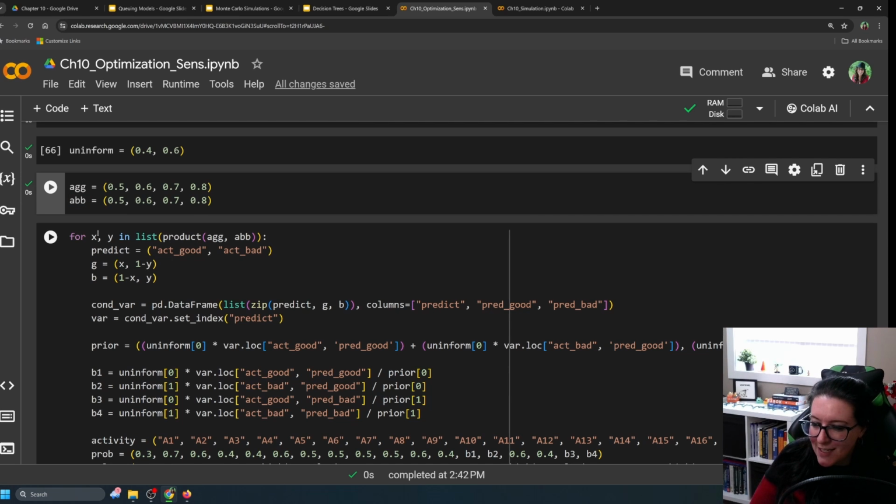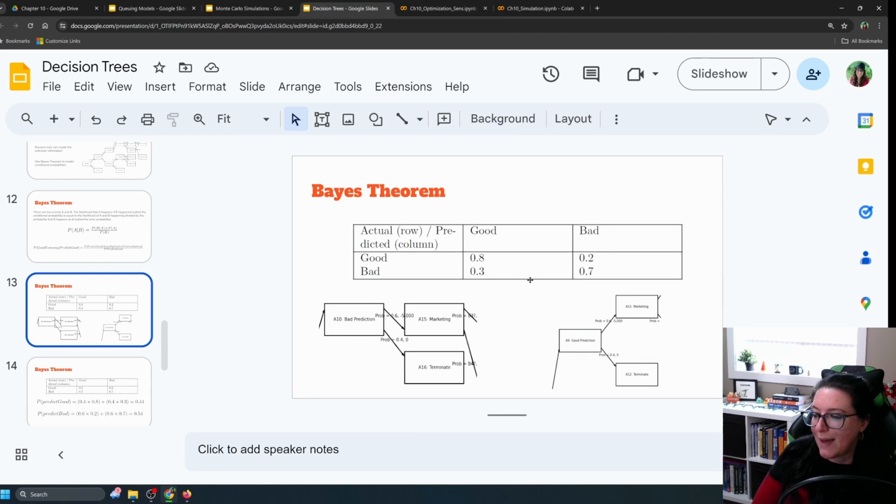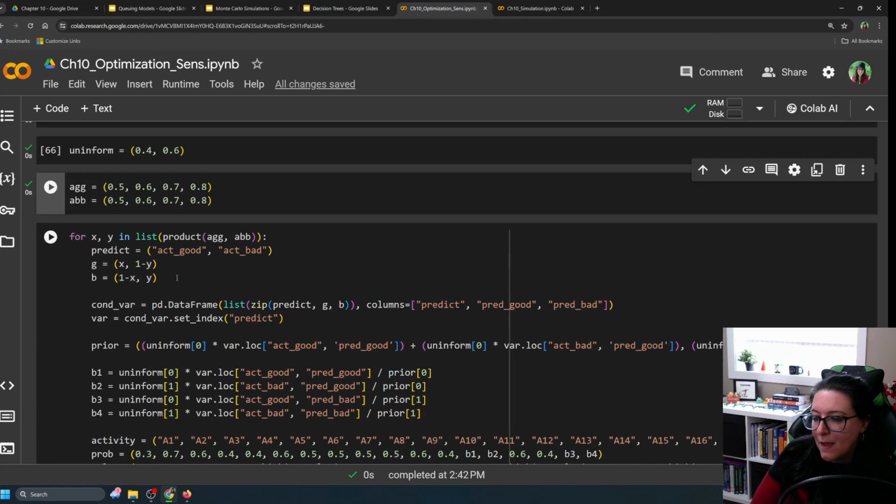So what you see here is a loop where X is going to be the actually good when it's good. The Y is going to be the actually bad when it's bad. And we start by first creating that table where we have predicting good, predicting bad, and the actual good and actual bad. Because the other half of the table, recall, is just 1 minus and 1 minus, right? So we're just going to change that number and change that number and see what happens.